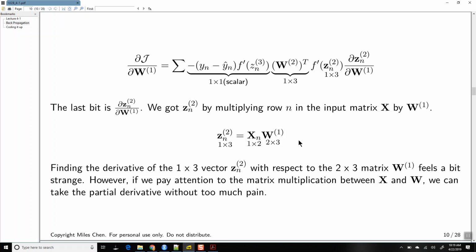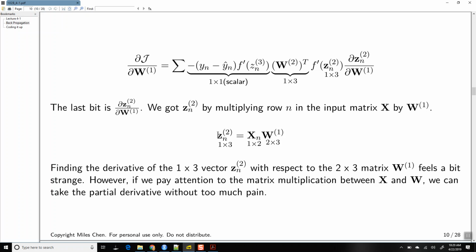Do you guys remember the Jacobian? The Jacobian is when you've got a vector output and a vector input, and if you take the partial of the vector with respect to the vector, you get a matrix. But now it's almost the opposite: you have a vector output with a matrix, and so the partial of this vector output with respect to the matrix is going to be a vector.